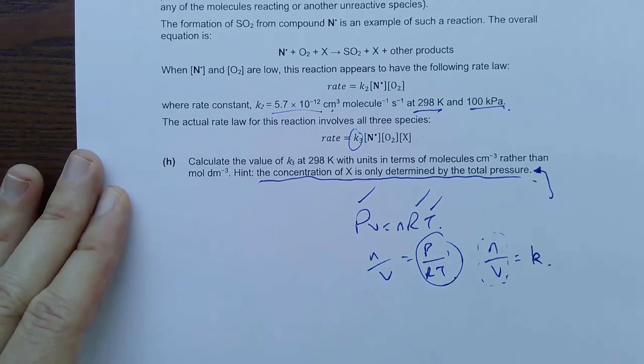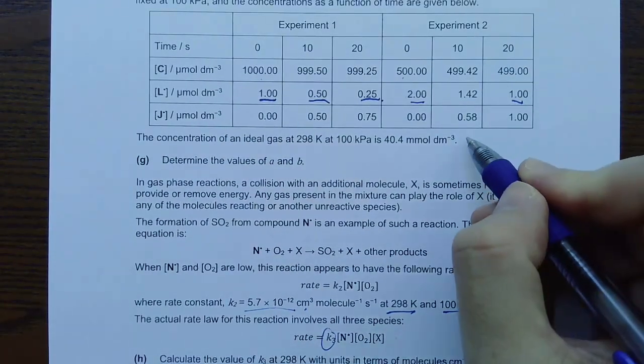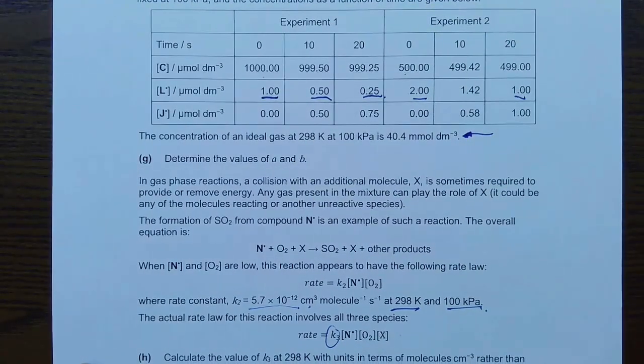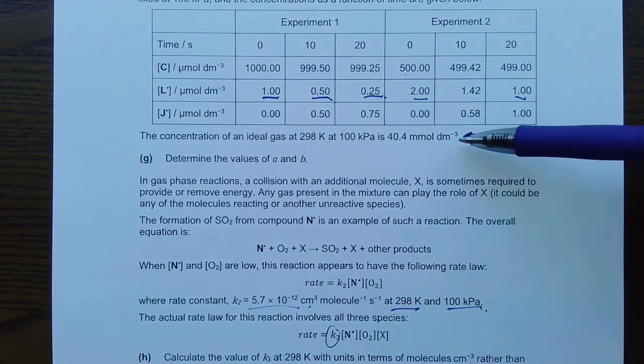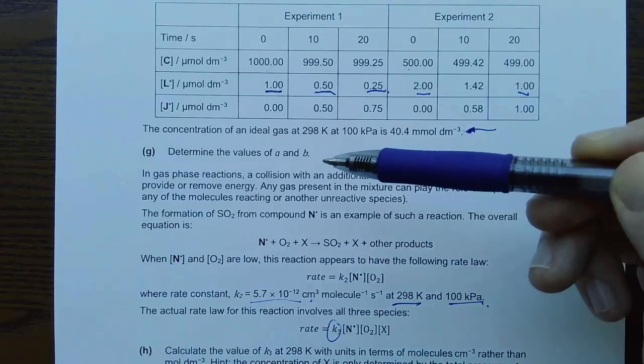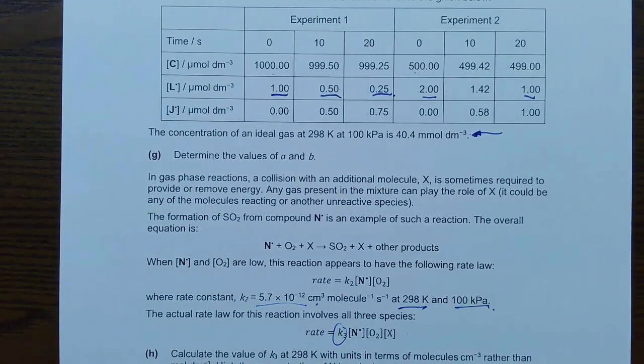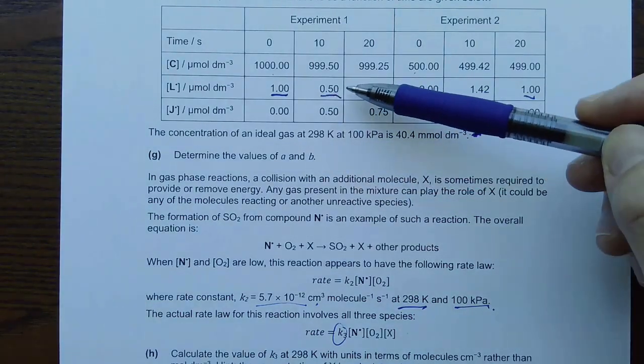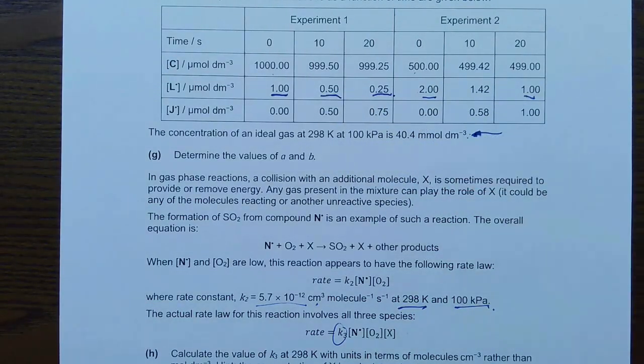And then I have this statement here, which when I did this question made me a little bit confused, because I spent a lot of time thinking, do I need to use this piece of information in my answer to G? That might catch people out, because they might be thinking, if I can't work out A and B up here, is it something to do with this piece of information?